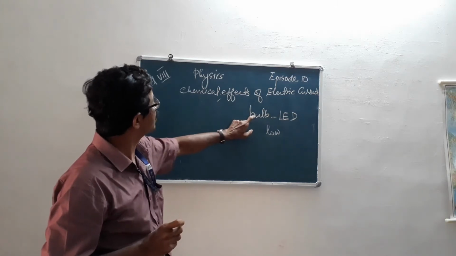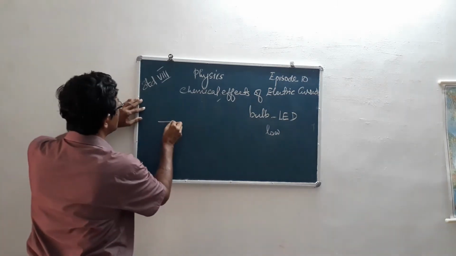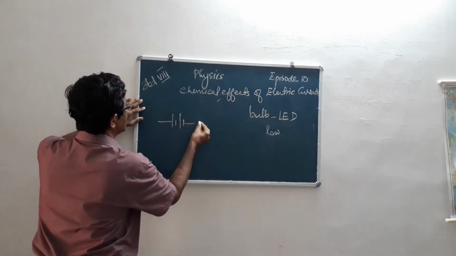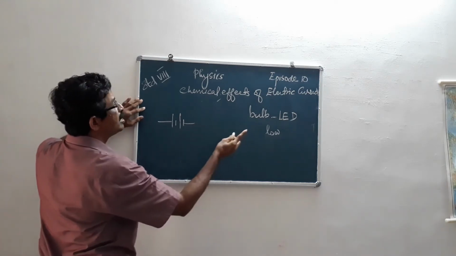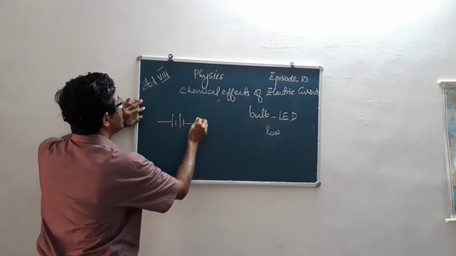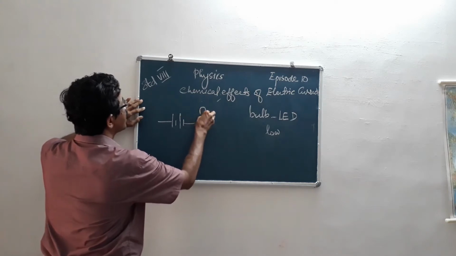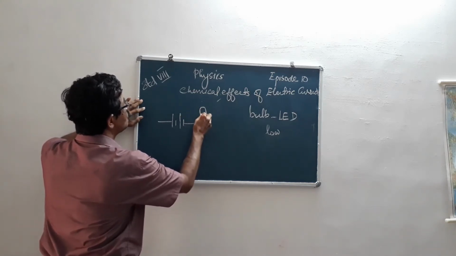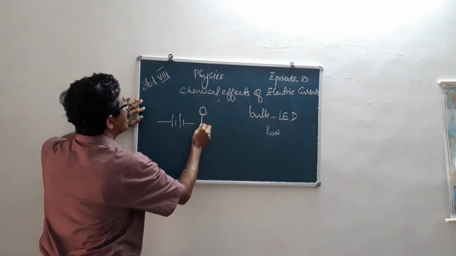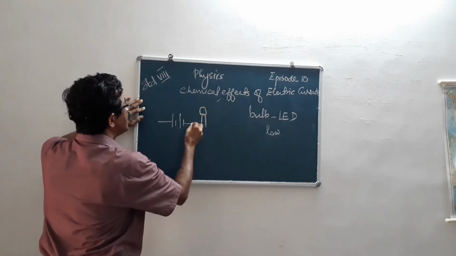So in our circuit, with this battery, if we use an LED instead of the bulb, the LED has two leads. One lead is a little longer than the other.